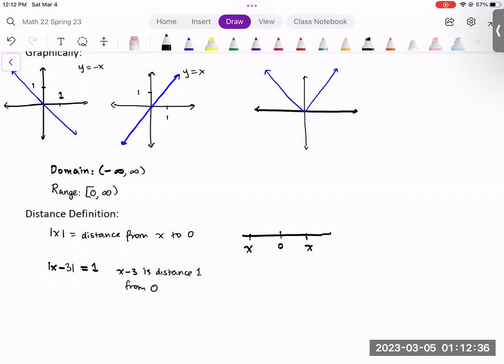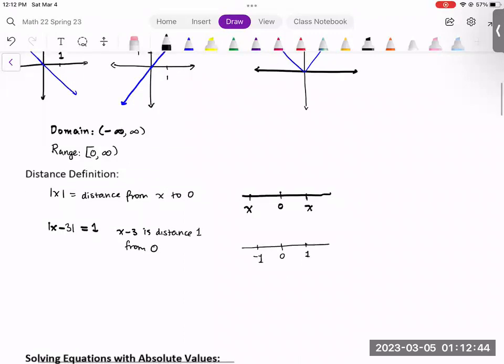There are two numbers that are distance 1 away from 0: there is 1, and then there's also -1. So we'd say that x minus 3 is either +1 or x minus 3 equals -1.